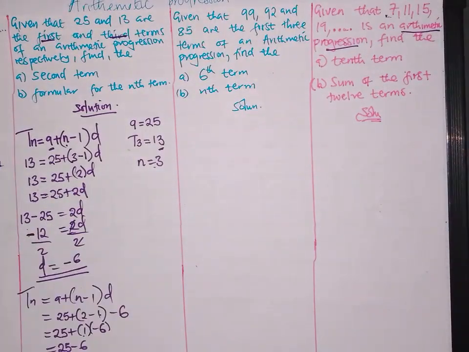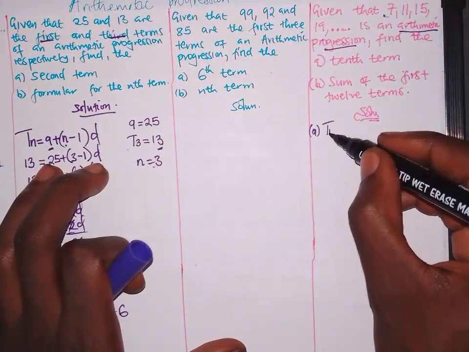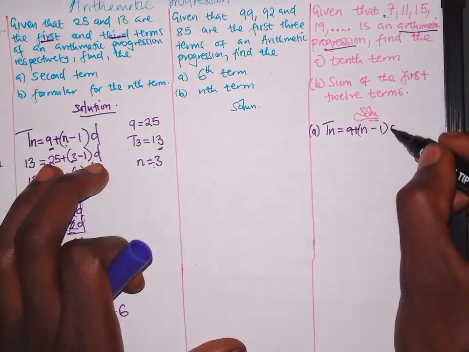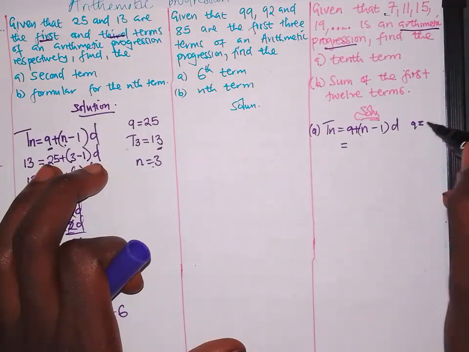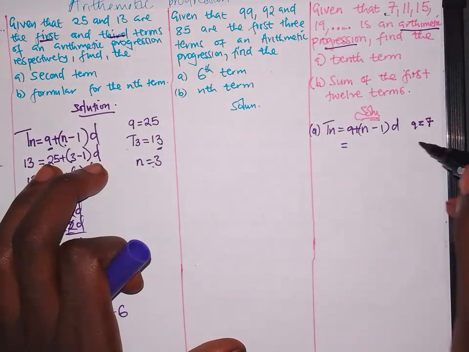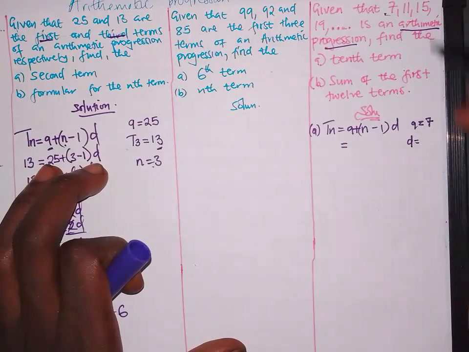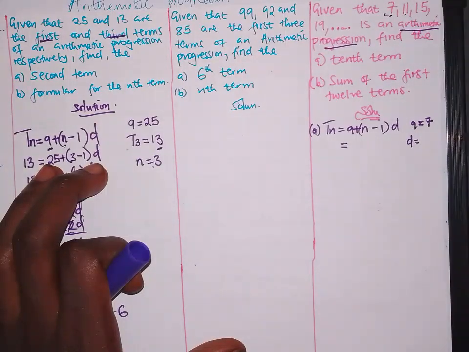Again, you apply the same rule. You say Tn is equal to a plus n minus 1 d. What is our first term? Our first term is 7. What is our common difference? Our common difference is 11 minus 7, which is 4.